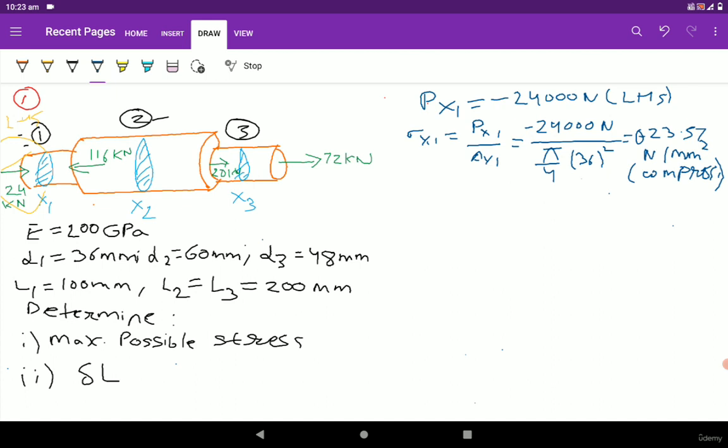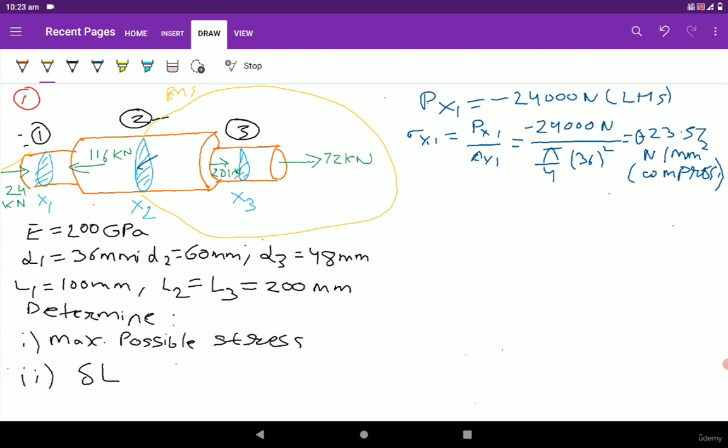So let me erase this. For calculating the x2 section, now suppose we are taking the load at the right hand side of the x2 section.